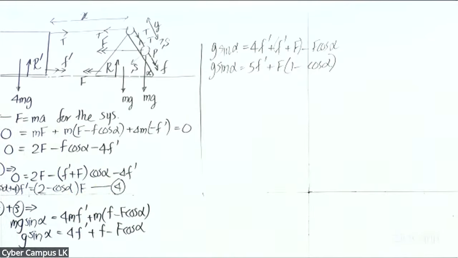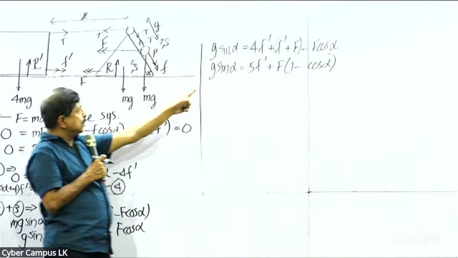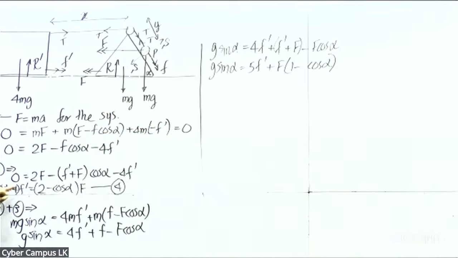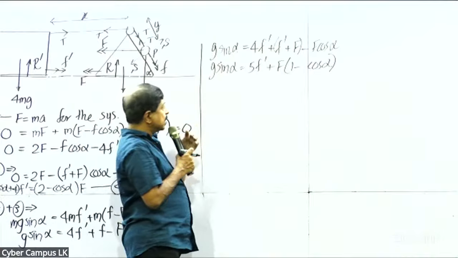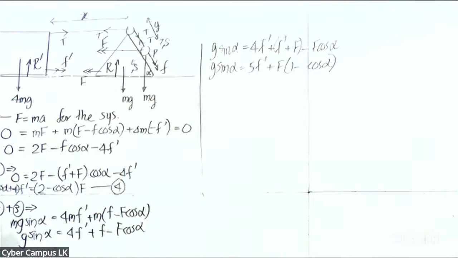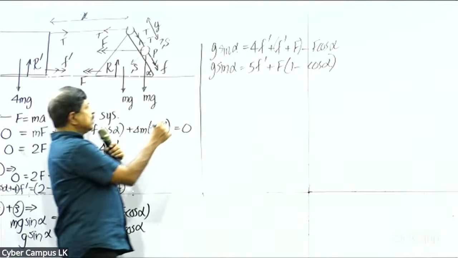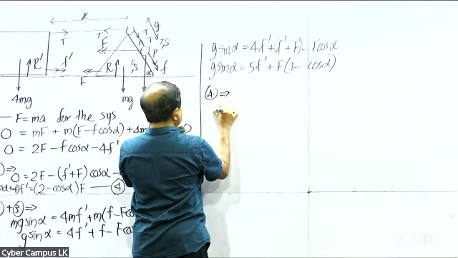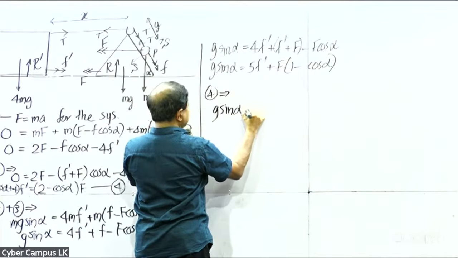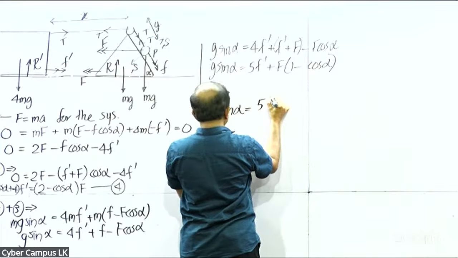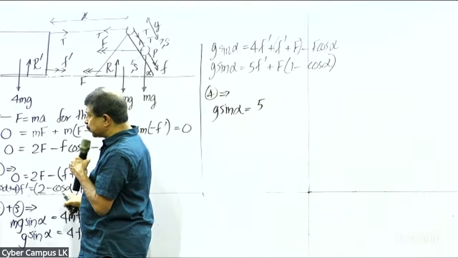Now, using 4, throughout I have replaced simple F by F dash and capital F. We directly eliminated T. Now you have these two equations in which you have F dash and capital F. Now you can easily replace, using 4, F dash is 2 minus cos alpha F divided by cos alpha plus 4. Now using 4, you can do this. 5F dash is 2 minus cos alpha F.